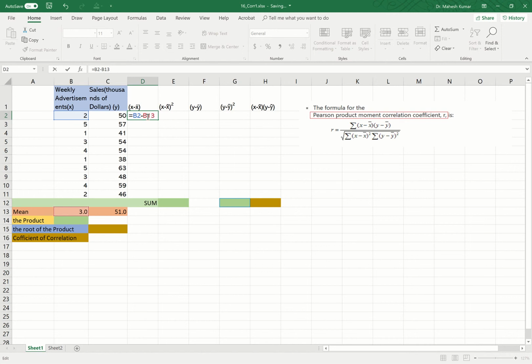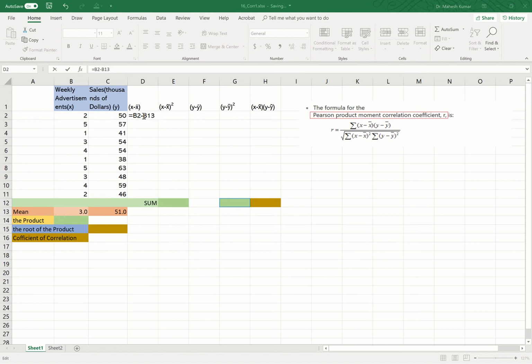In order to make it an absolute reference, you have to press the F4 key on your keyboard, or sometimes Function plus F4. That will convert it into $B$13.